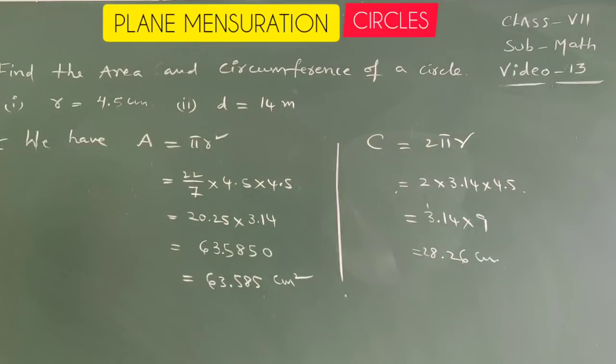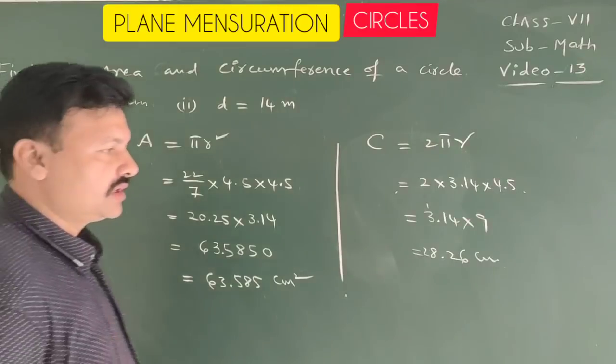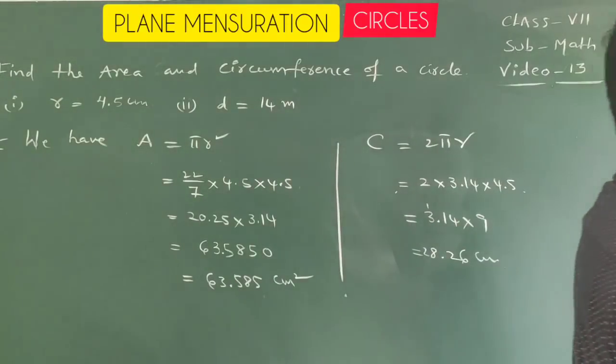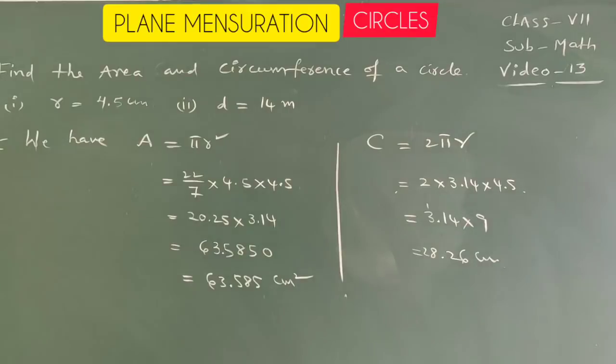The units of circumference, whatever units are given for length or radius, those units are considered as circumference units, like area and perimeter.